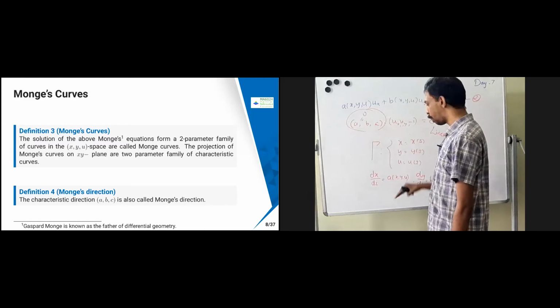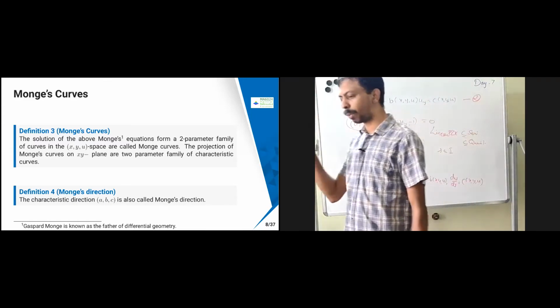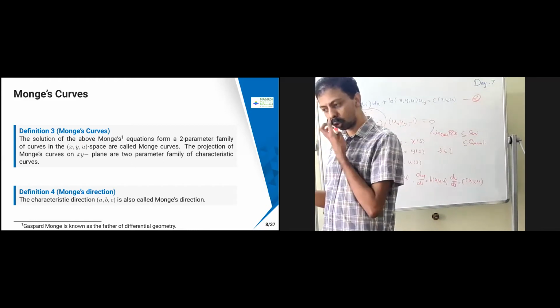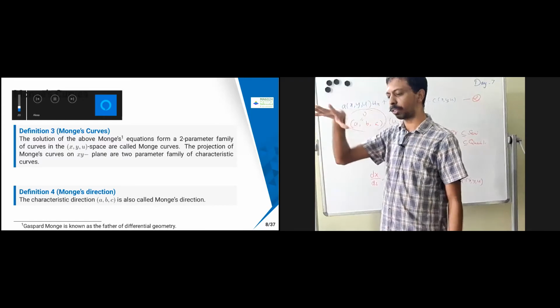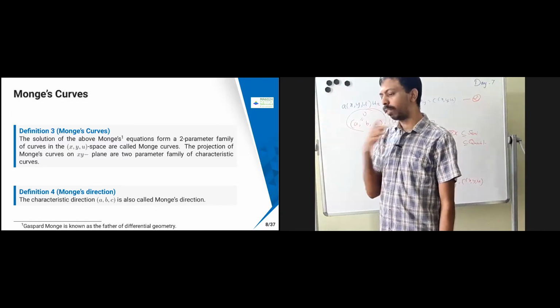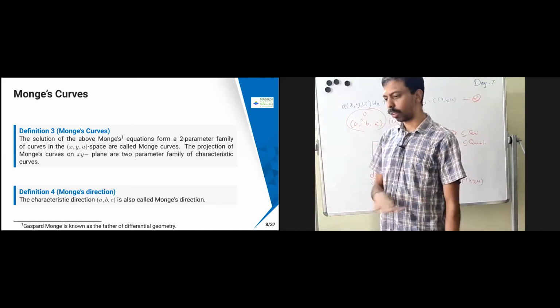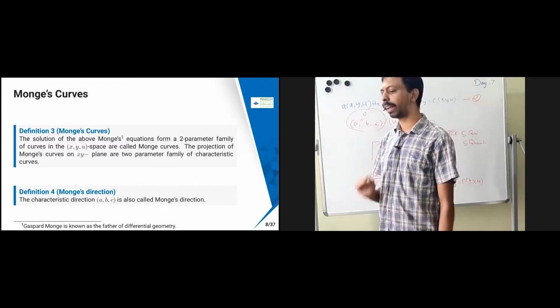Now, the Monge curve forms a two-parameter family in the x, y, u space, a curve in three-dimensional space. If you project that onto the xy plane, the projection is called the characteristic curve.